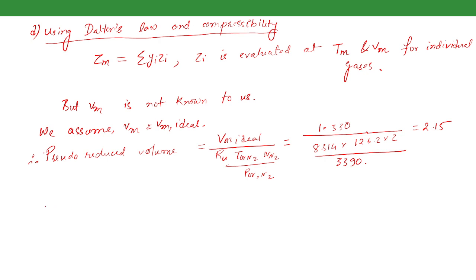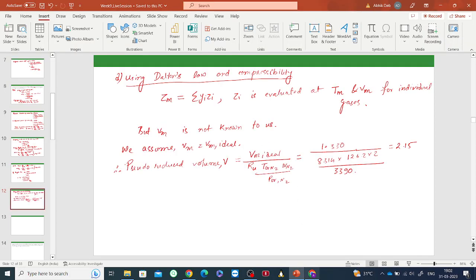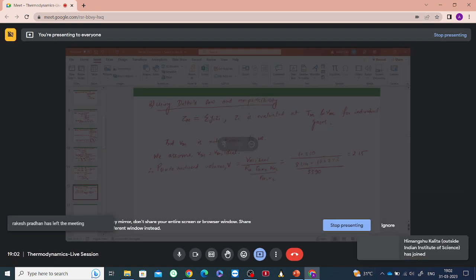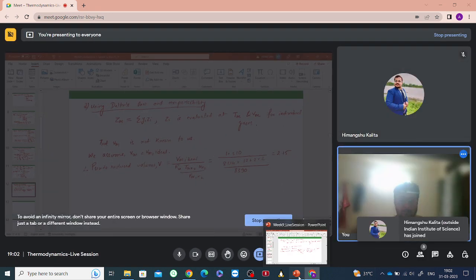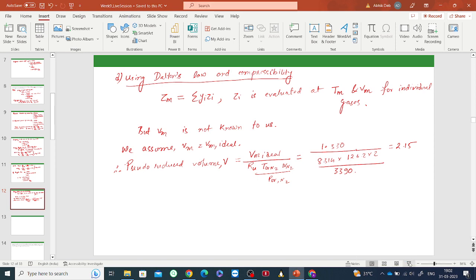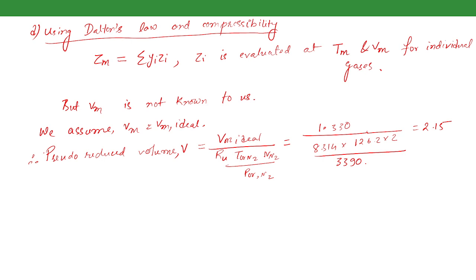And similarly, this is like V. Okay, so this is a pseudo reduced volume, and so let us denote it as V_R N2.